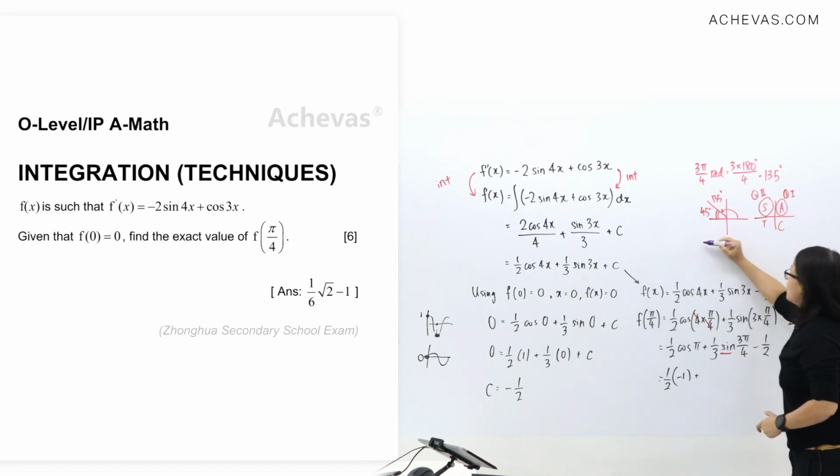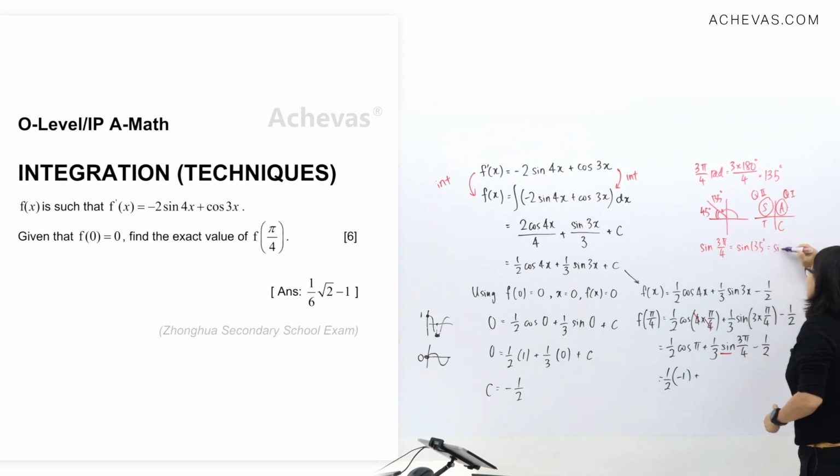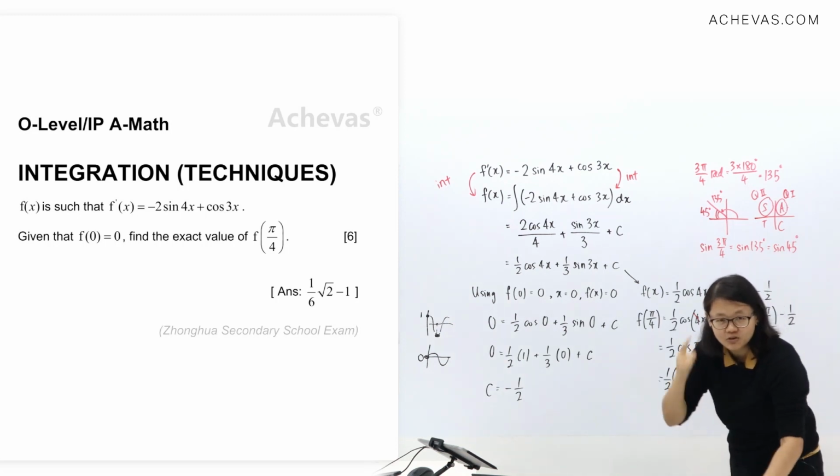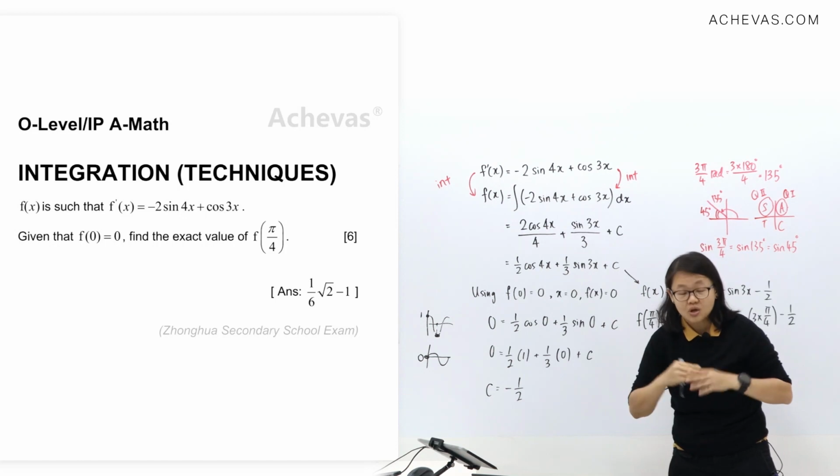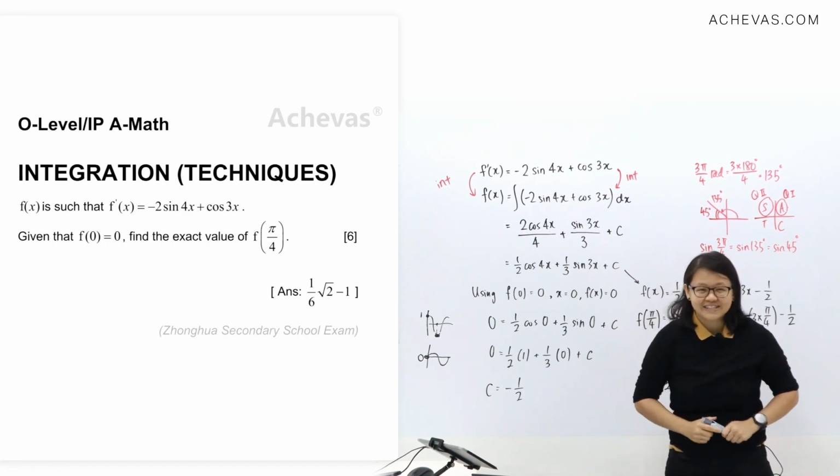Which means sin 3π/4 will be equivalent to sin 135, which is also the value of sin 45 degrees. If you remember, sin 45 degrees is going to be 1 over square root 2. If not, just put the square and do the reverse sine.